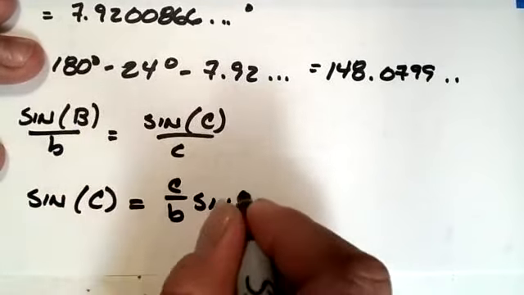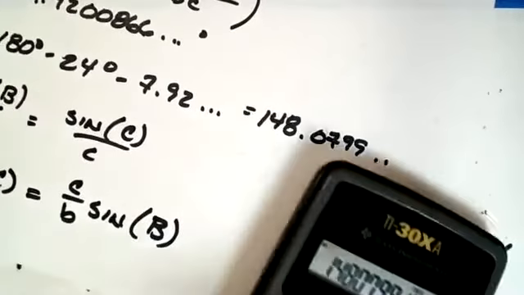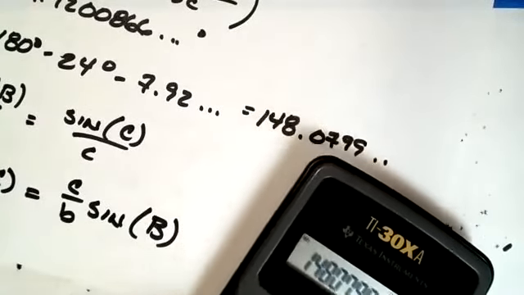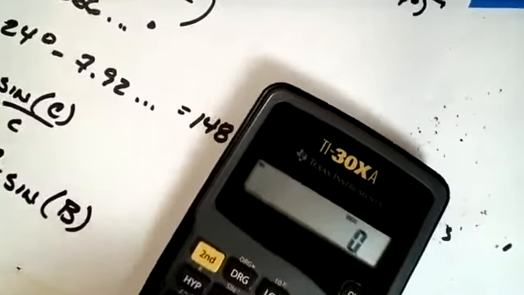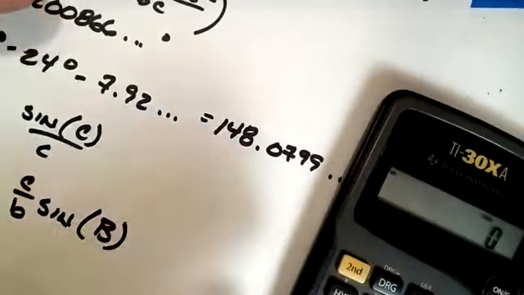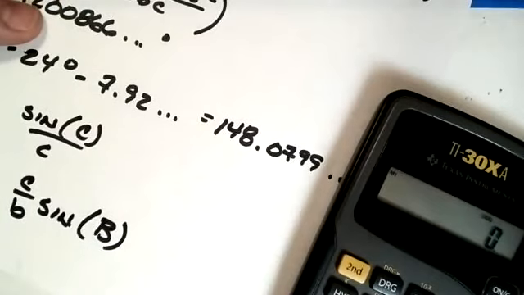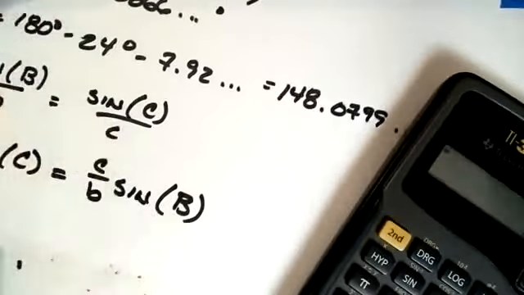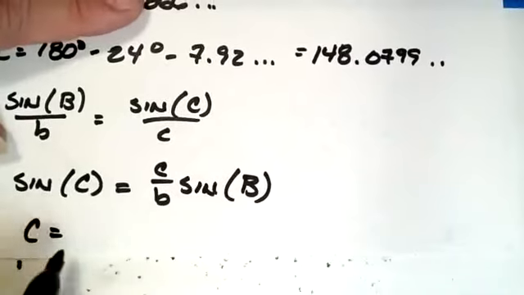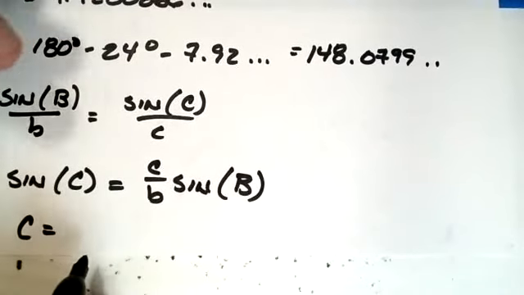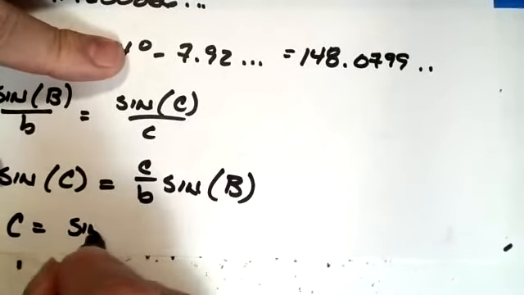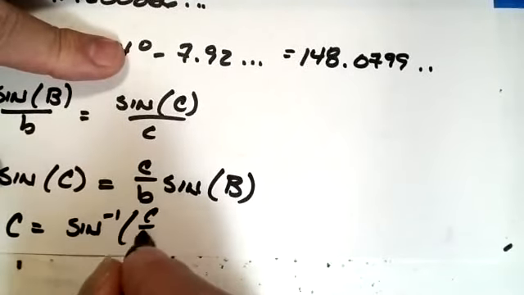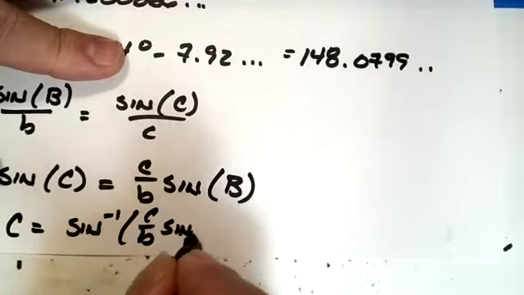I mean, I have a quantity there. Let's see what comes out. So the next step would be to take the inverse sine. And this is the problem: I don't know whether this angle is obtuse or acute, but it's very easy to make this mistake and just say, well, okay, let me just take the inverse sine of C over B times sine of B.